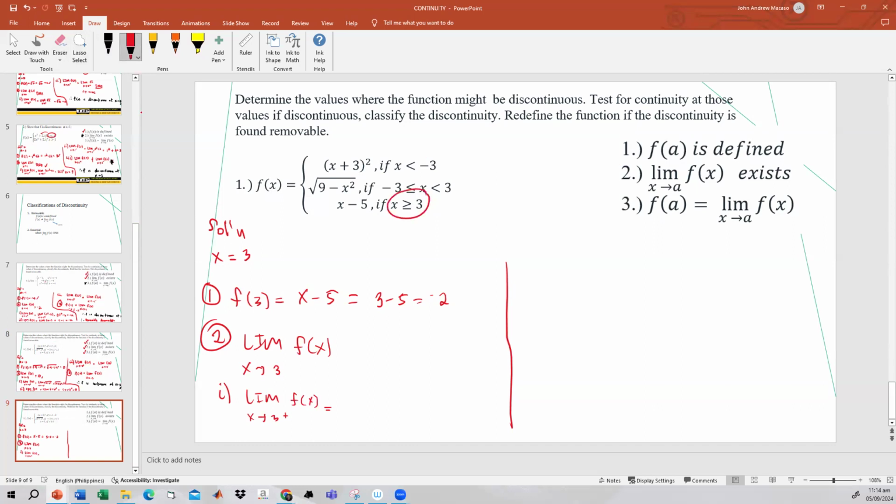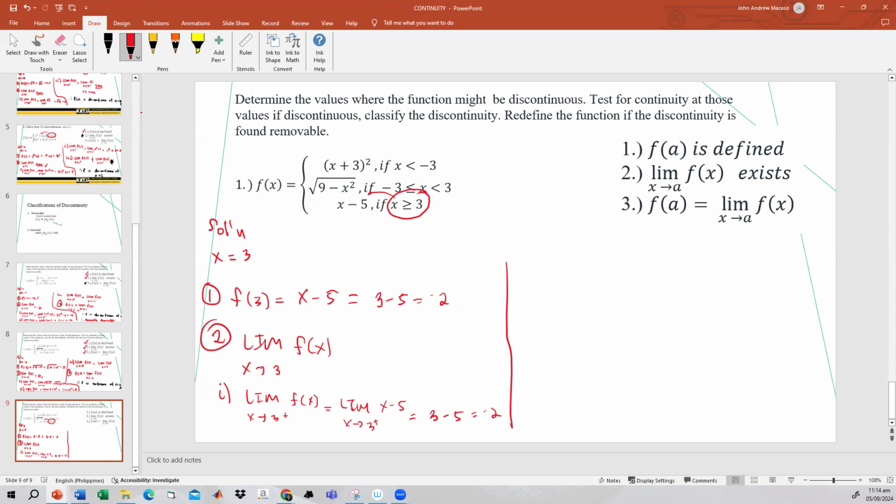So we'll just use the function x minus 5. The limit of x minus 5 as x approaches 3 from the right, you just substitute directly. So that's 3 minus 5, which becomes -2.